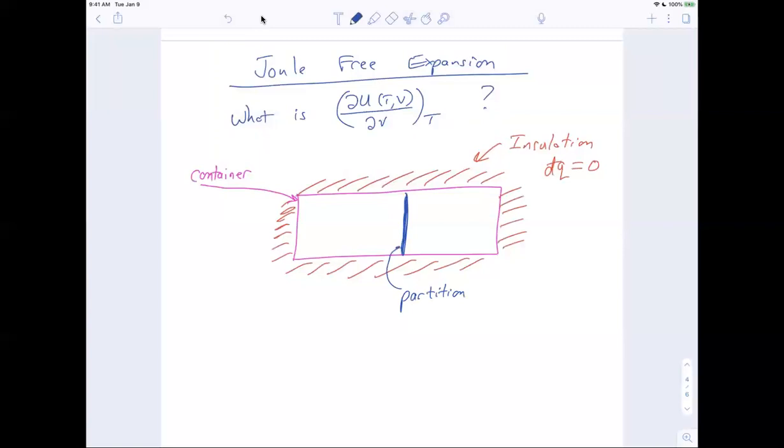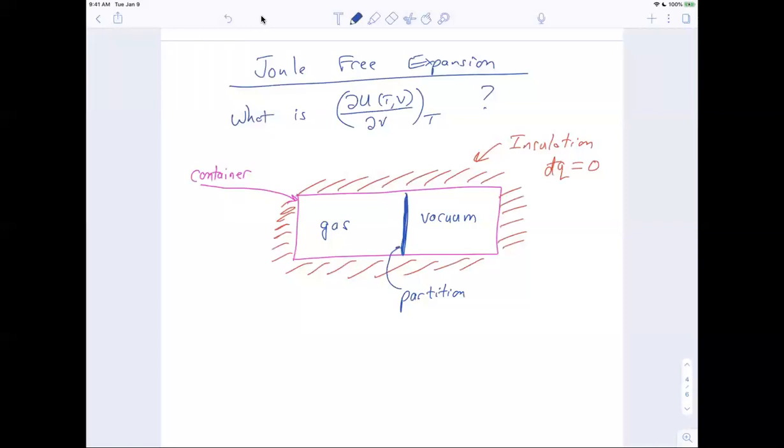On one side we'll have gas, and on the other side we'll have vacuum, meaning nothing. There's no gas. Somehow we use a pump and reach a really, really low pressure, so essentially we have a vacuum on the right-hand side. So that's our setup.